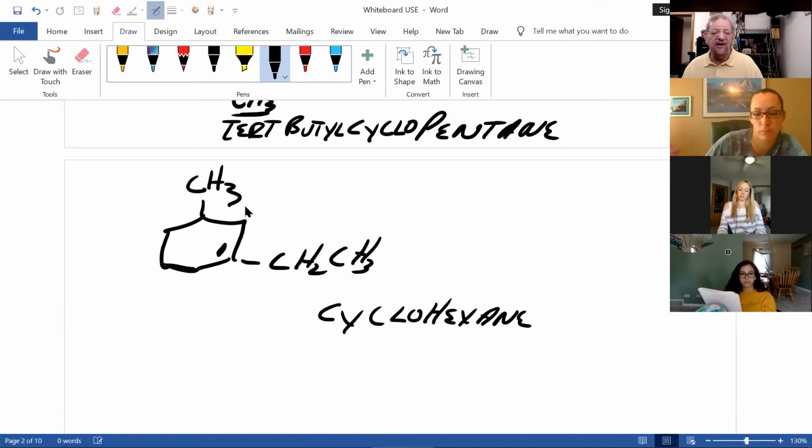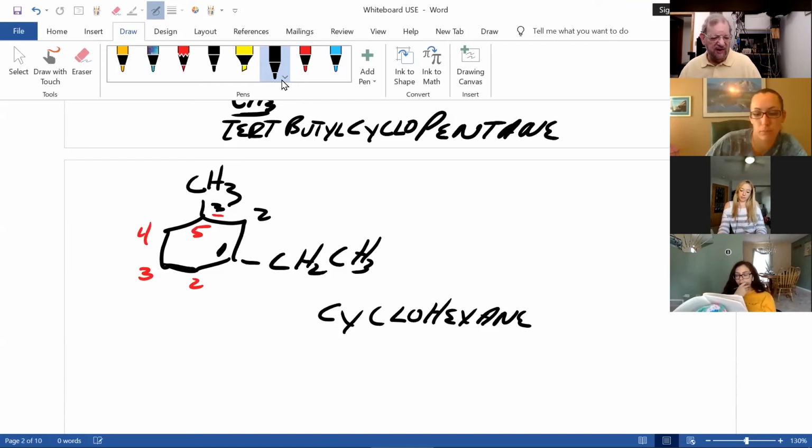Now, you can go either clockwise or counterclockwise. If I go counterclockwise, the methyl group is on 3. If I go clockwise, the methyl group is on 5. And when you do alkyl groups, you make this the lowest number, so the answer would be 3.